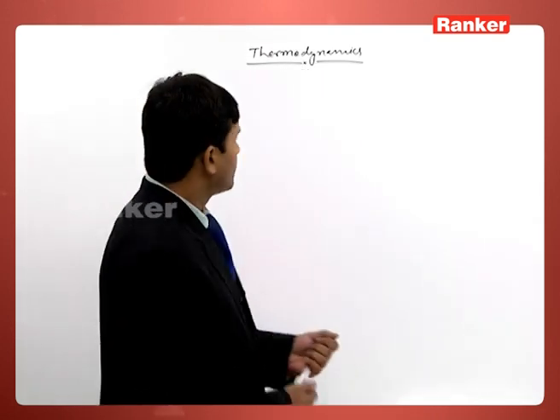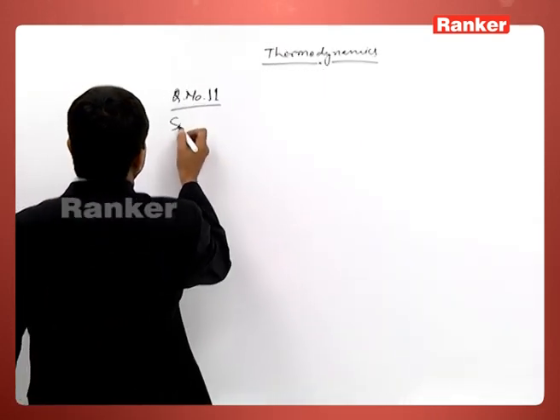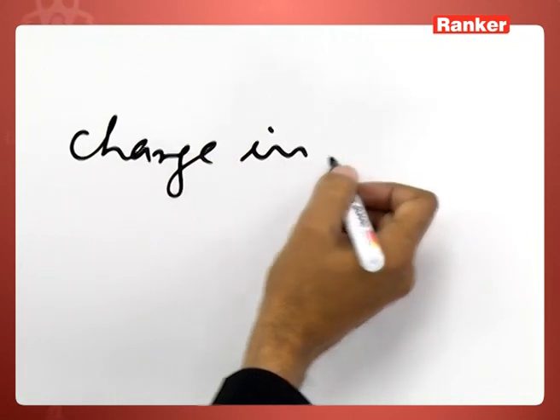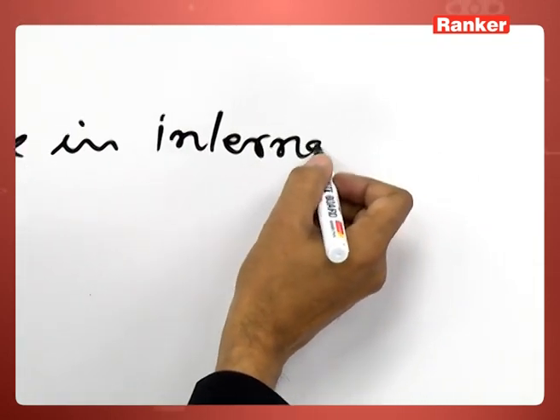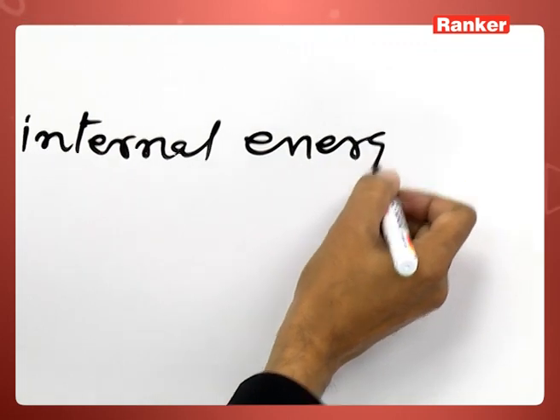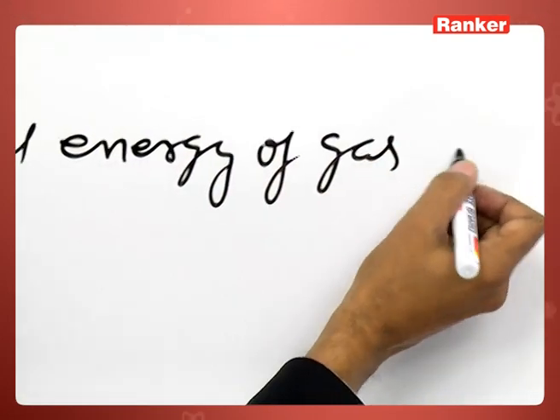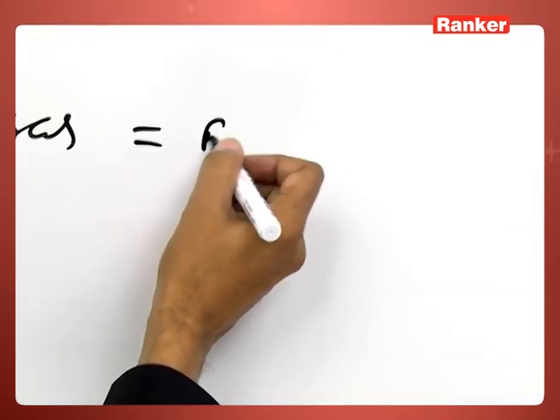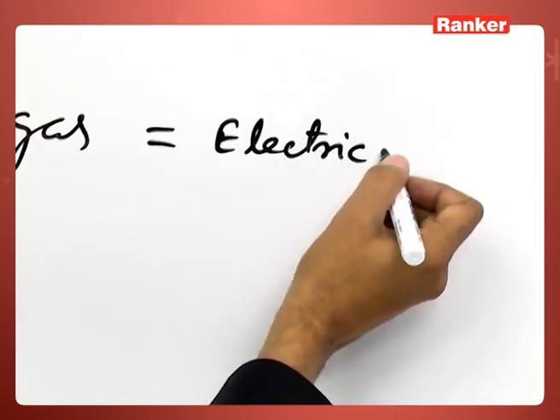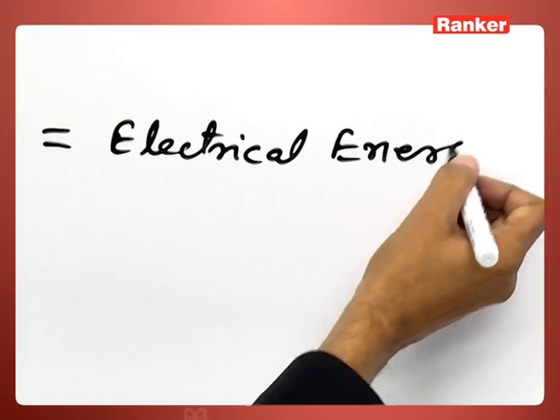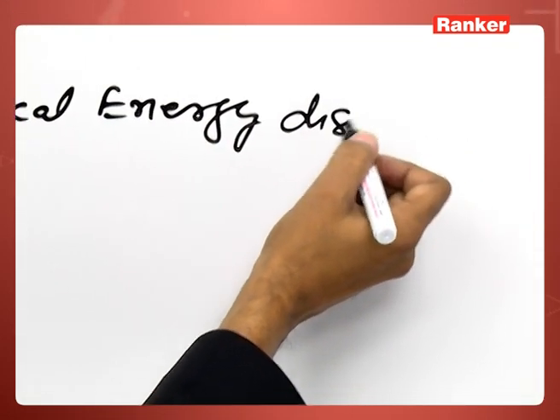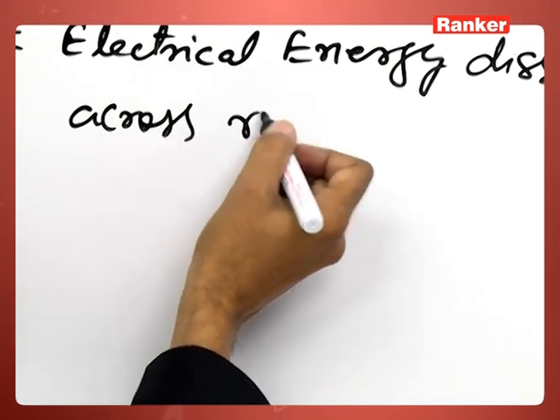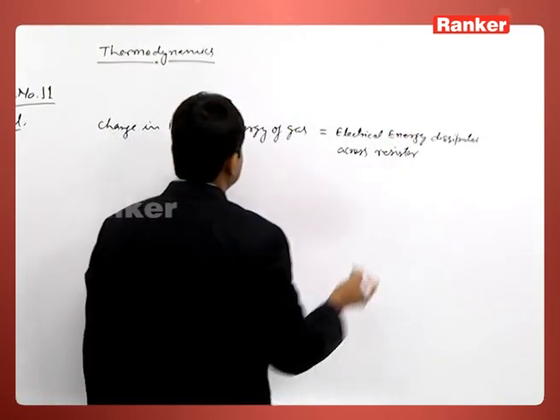So here, what is the change in internal energy? The change in internal energy of the gas is equal to the heat generated, or the electrical energy dissipated across the resistor.